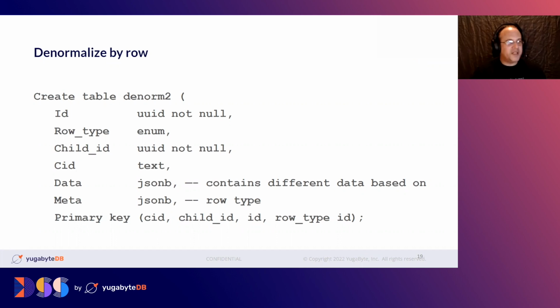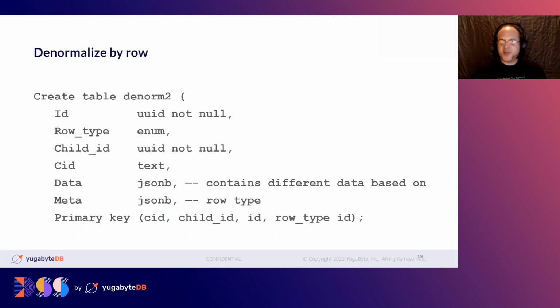If I have 2 columns, a parent ID column and a child ID column, then I can make a rule internally where I agree with my application developers that if you see a parent ID and the child ID is null, then that's a row in the parent table. And my data and metadata columns will describe a parent.